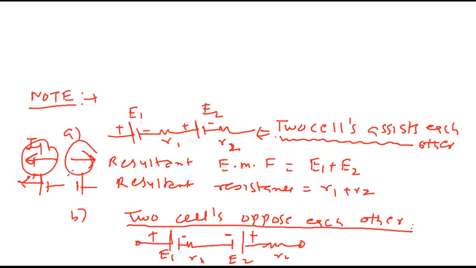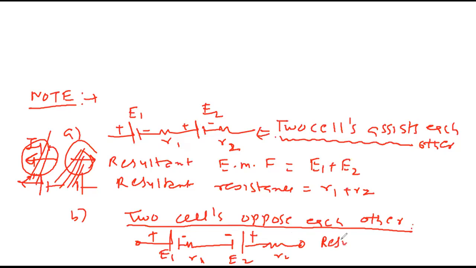No. So the result will be a difference. When the current is a difference, the voltage will also be a difference, because current and voltage are directly proportional. So whenever two cells are in series but minus is not connected to plus, and they are connected minus to minus, then we say they oppose each other.